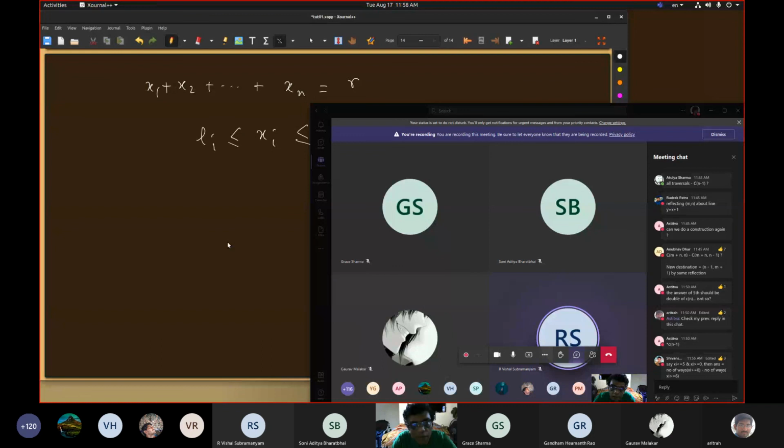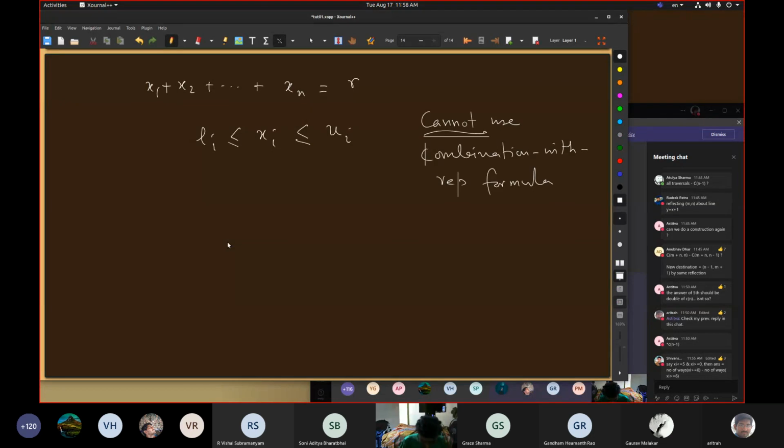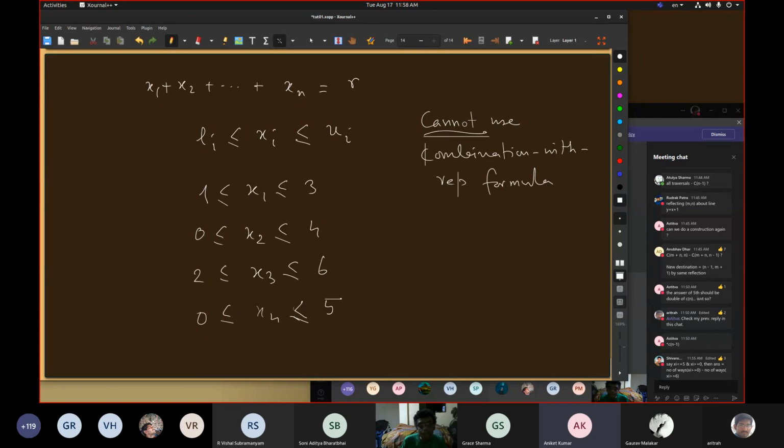If there are multiple variables, for example, 1 less than or equal to x1 less than or equal to 3, 0 less than or equal to x2 less than or equal to 4, 2 less than or equal to x3 less than or equal to 6. One way to do it would be to take powers of x which correspond to the lower and upper bounds, and then multiply.